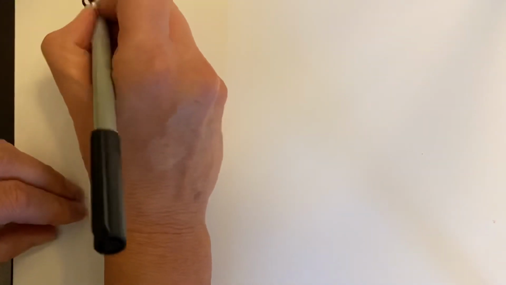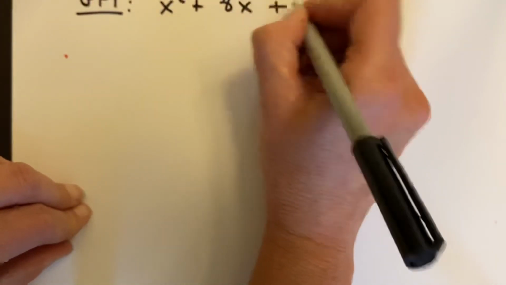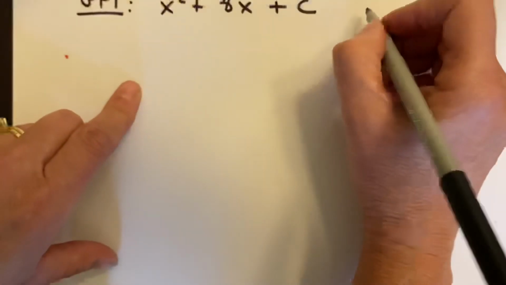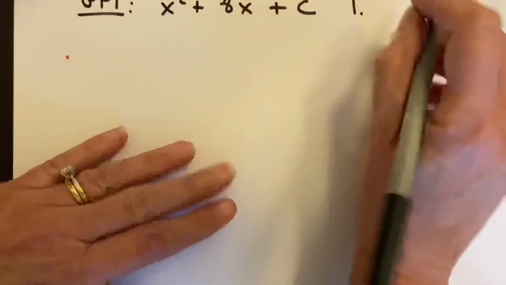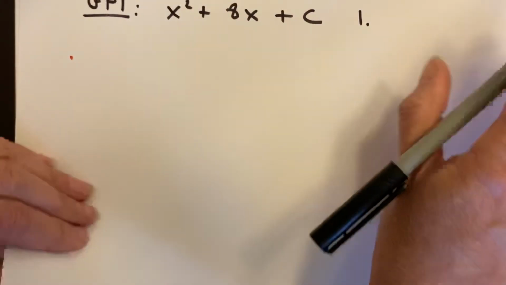Let's look at guided practice number 1. They are asking you, find the value of C that makes the expression a perfect square trinomial. So the first they're asking you, find C. Actually, let me rewrite that.